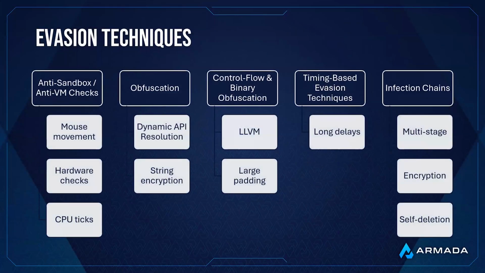Again, we should separate the cryptors or loaders from the stealers themselves. They're really doing the things that malware's been doing for a long time, like anti-sandboxing techniques, obfuscation, sleep timers, and some of the newer stuff like multi-stage infection chains.